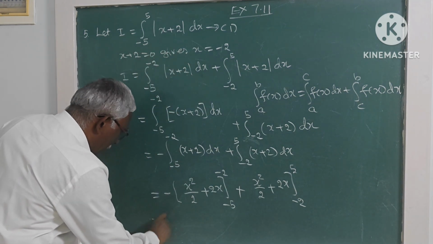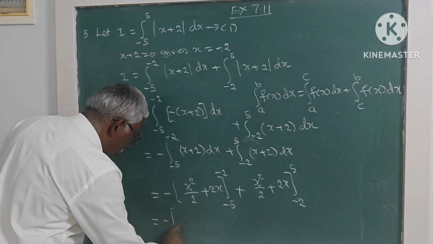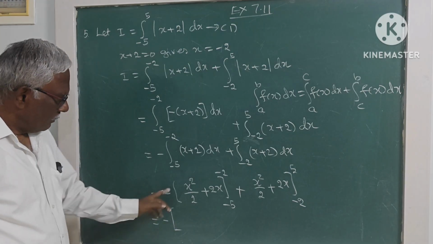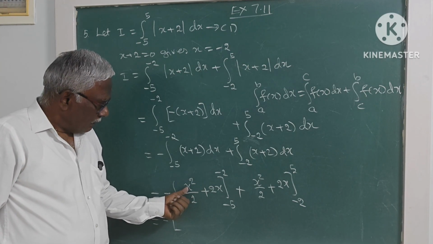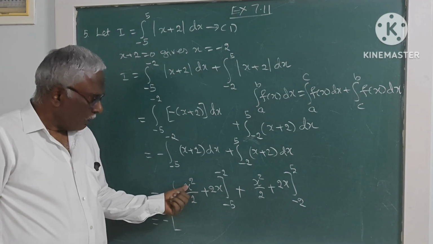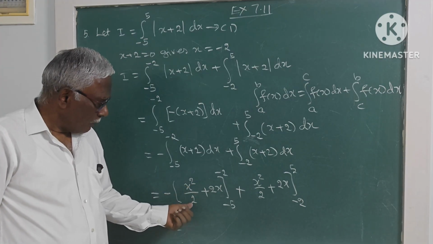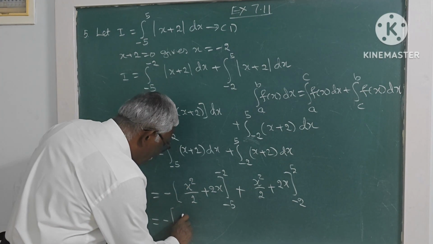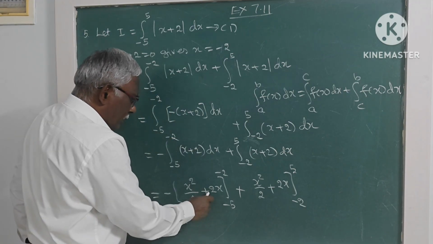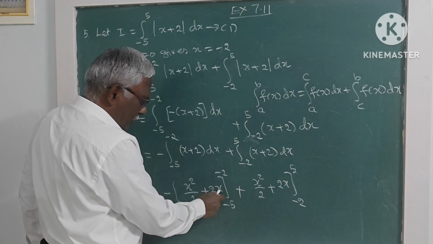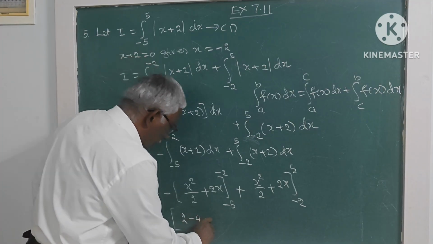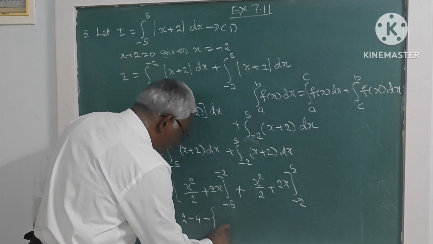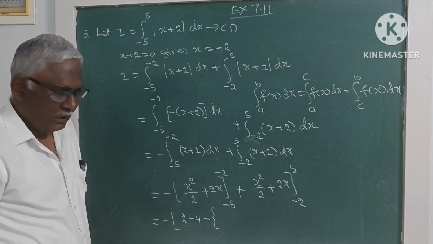Now this minus sign is there. For x we put the upper limit minus 2. x is minus 2, x square is 4, 4 by 2 is 2. So we write 2 plus 2x, which is minus 4. Then minus, now we substitute the lower limit.